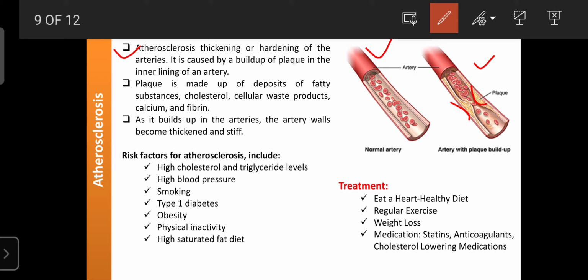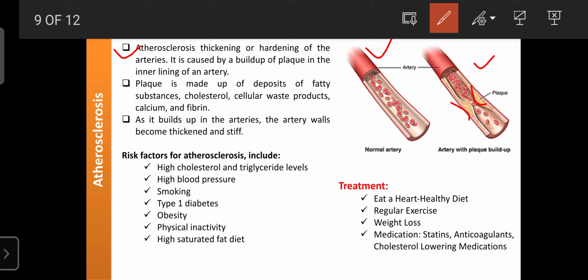The accumulation of bad fat or bad cholesterol in the wall of the blood vessels, especially the arteries, in the form of plaque, is known as atherosclerosis. It is related to the arteries, which is why it is called arteriosclerosis.